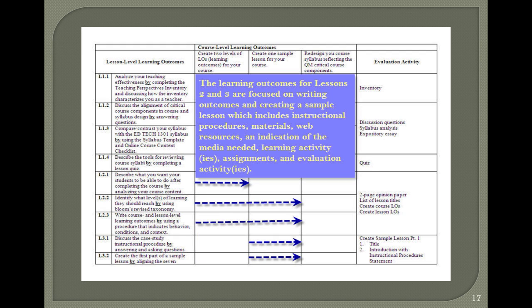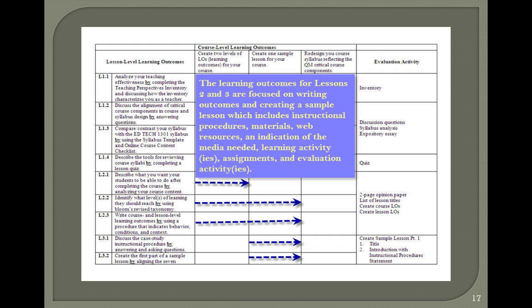As you can see, in lesson 2, the lesson outcome for L2.1 is only aligned with the 1st course outcome, and outcomes L2.2 and L2.3 are both aligned with the 1st and 2nd course outcomes. In lesson 3, the lesson outcomes for both L3.1 and L3.2 are aligned with the 2nd course outcome.